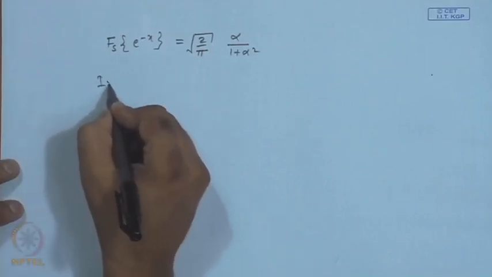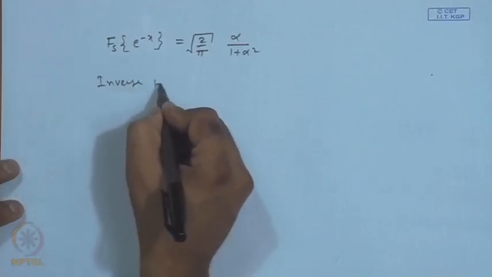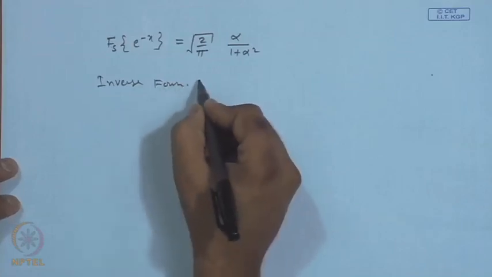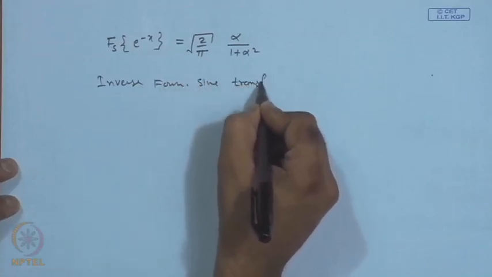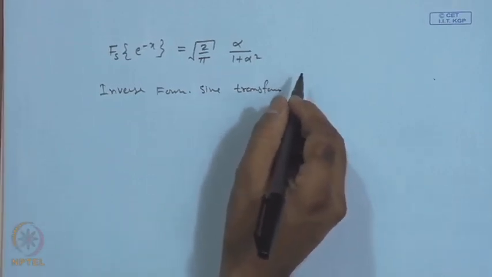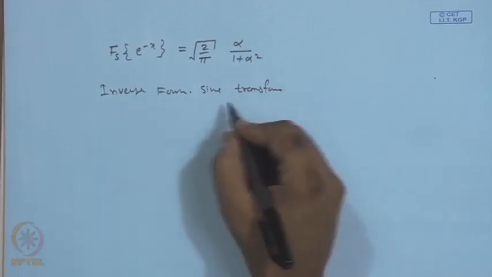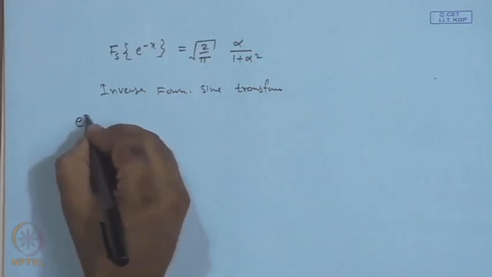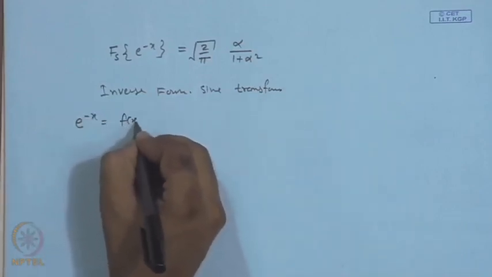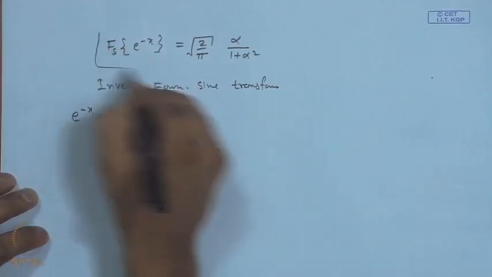And now, we take the inverse Fourier sine transform. So, we will get e to the minus x, and that was our f of x. So, the first part is over.